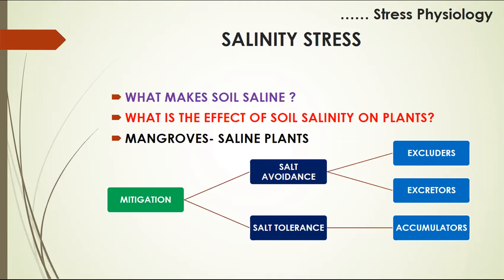The fourth reason, adverse effect of salinity on growth. How? As I just now mentioned, plants have a very coordinated method by way of which they not only identify the signal, not only sense the signal, but transfer that signal to transcriptional factors, which then generates the necessary response via signal transduction pathway.